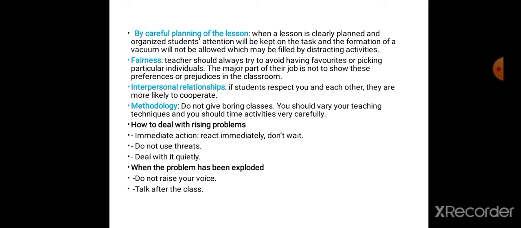Be calm. Be cool. Deal with it quietly. But when the problem has exploded, do not raise your voice and talk after the class.